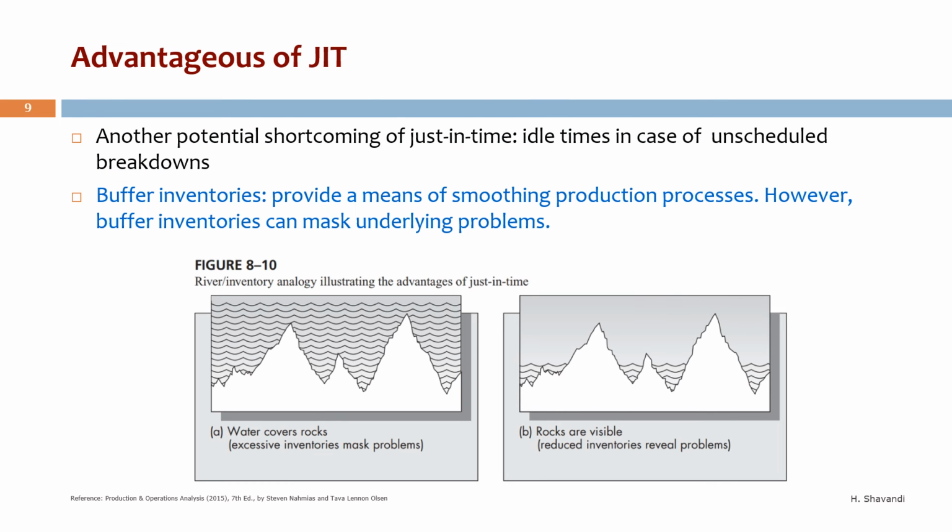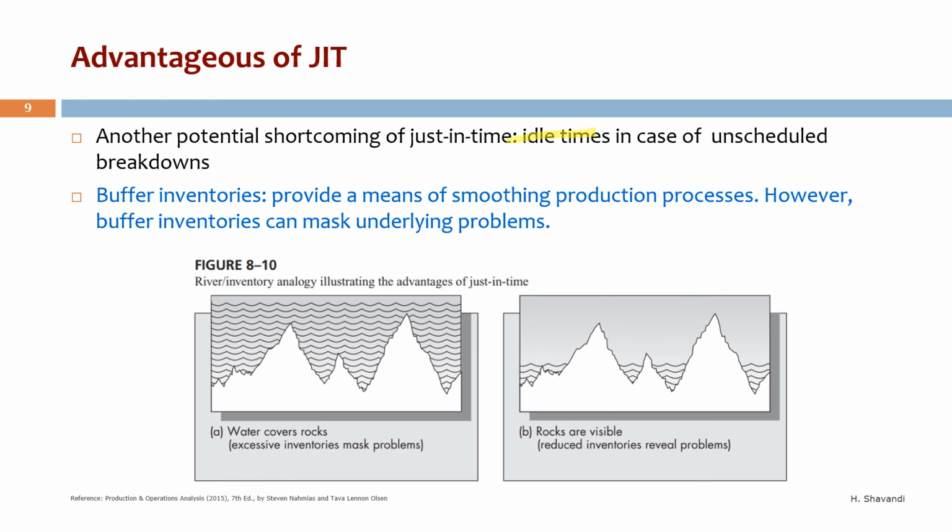Another potential shortcoming of just-in-time is idle time in case of unscheduled breakdowns. What does it mean? If we have a sudden breakdown in the production process, since we don't have a large level of buffer, all stations cannot continue working, so we'll have idle time.